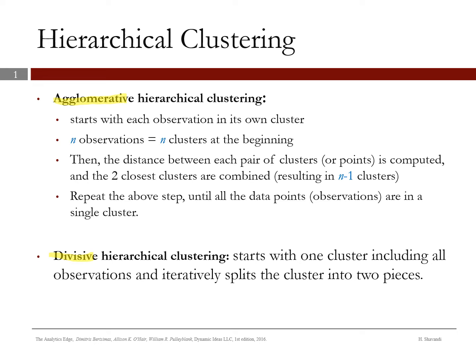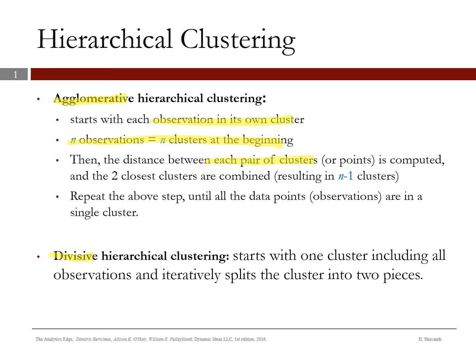In this method, we start with each observation in its own cluster. That means if we have n observations, then we have n clusters at the beginning, right? Each data point is a cluster here. Then we calculate the distance between each pair of clusters, or at the beginning the points.